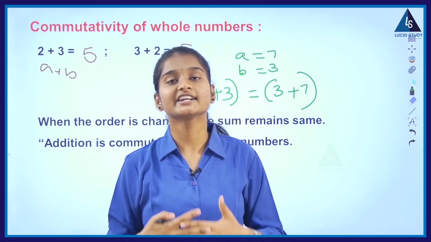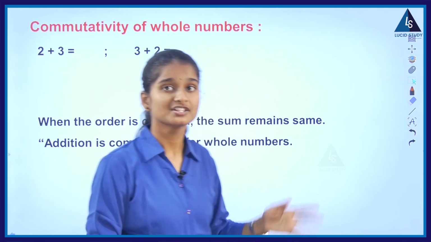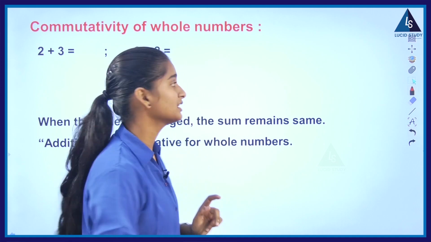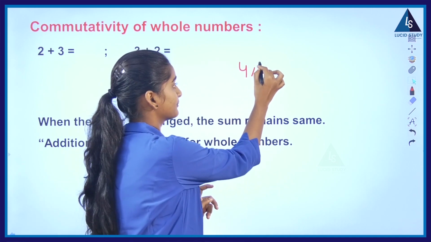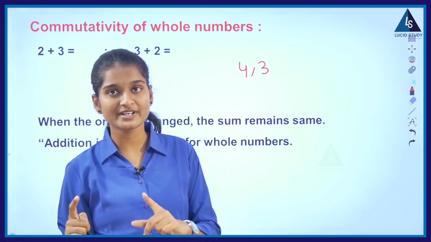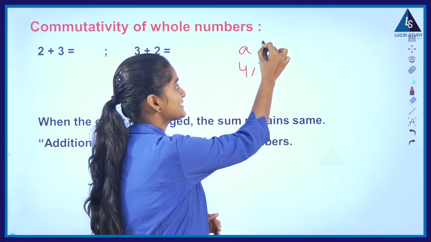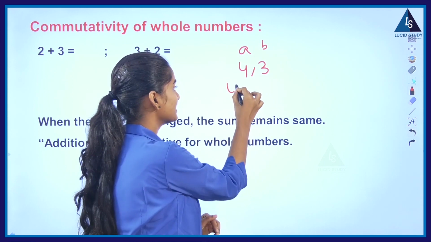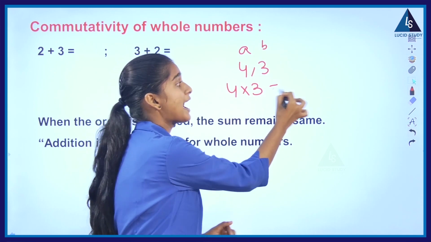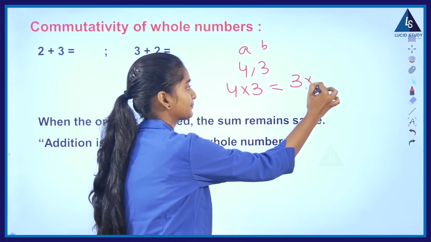Now let us check it for multiplication. I am taking two whole numbers, 4 and 3. Let us check that A into B is equal to B into A. So children, here A is 4 and B is 3. A into B is nothing but 4 into 3 and B into A is nothing but 3 into 4.